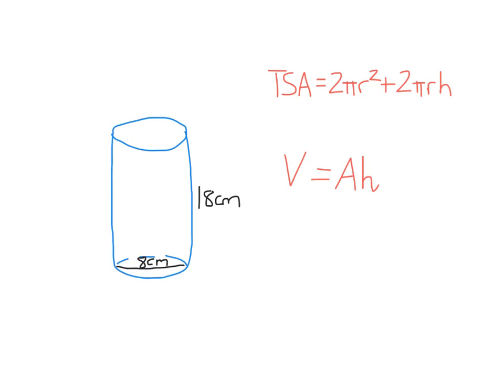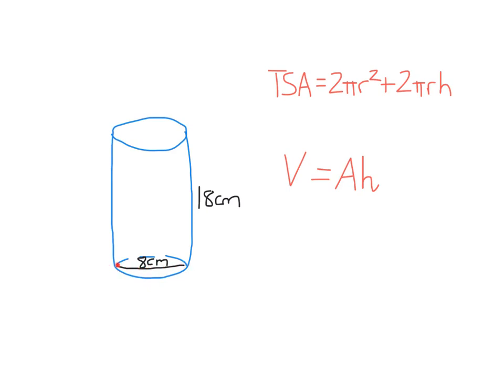So to find the surface area of a cylinder, 2 pi r squared is the bottom and the top circle. Pi r squared is 1 circle, 2 pi r squared is 2 circles. And 2 pi r h is the rectangle that makes up this curved surface here. So if we were to calculate the surface area of this prism here, we would just substitute h, the height of the prism, for 18, and the radius for 4.